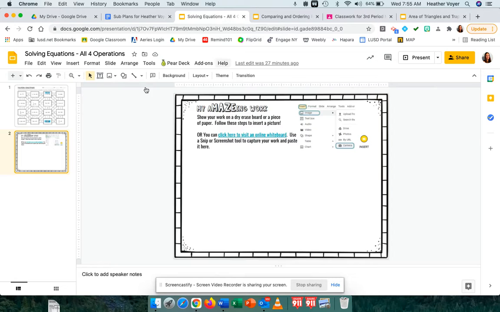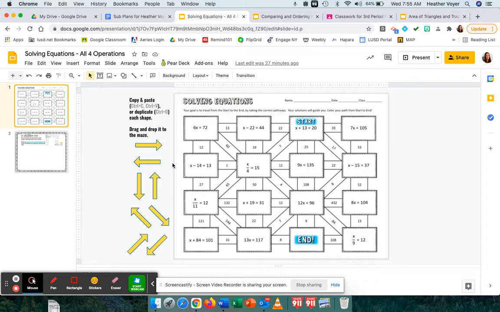Your second choice is solving equations. It's a maze, and you guys have done these mazes before, so you guys know that you need to copy and paste the arrows in the right direction of the path that you're taking. You're going to see all different operations on this maze, and so you'll see addition, subtraction, multiplication, and division. You're starting right here with x plus 13 equals 20. Just a reminder, guys, in order to solve these, we do those inverse operations.